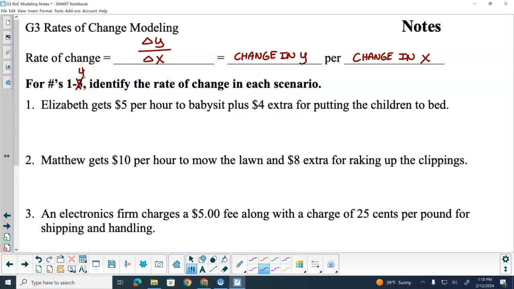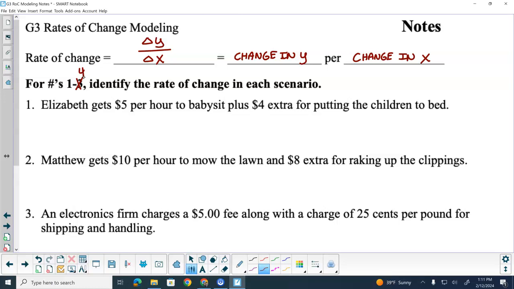In the next four statements, you see three one-sentence stories, and then one a little bit longer story. In that first one-sentence story, what is the rate of change?